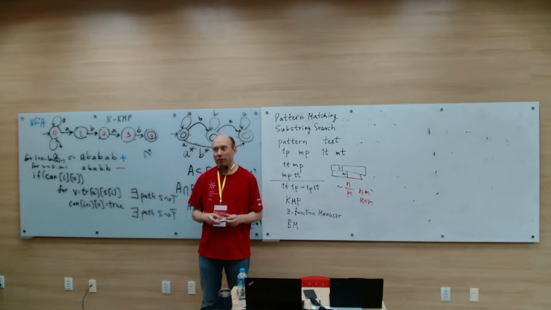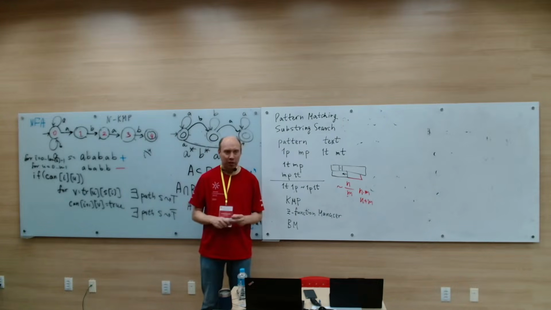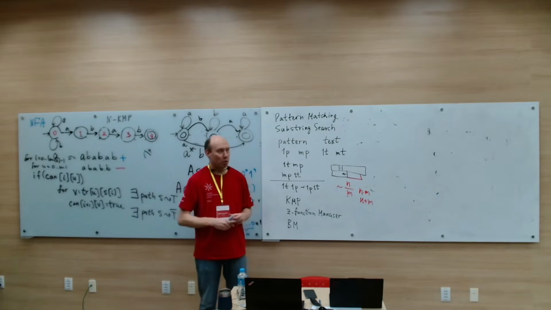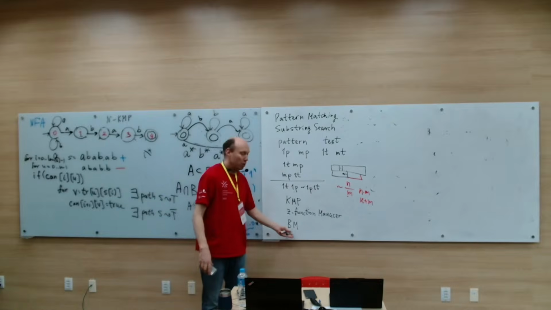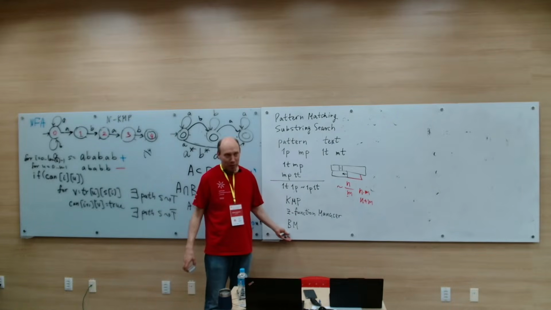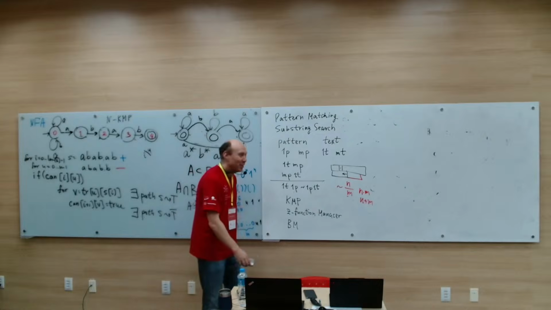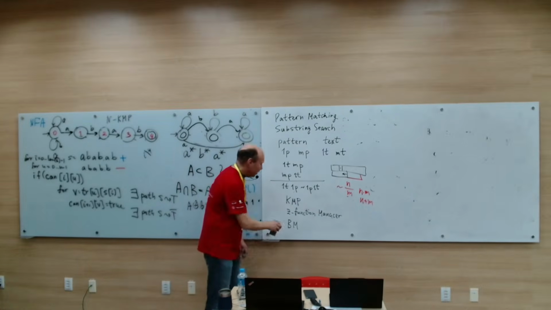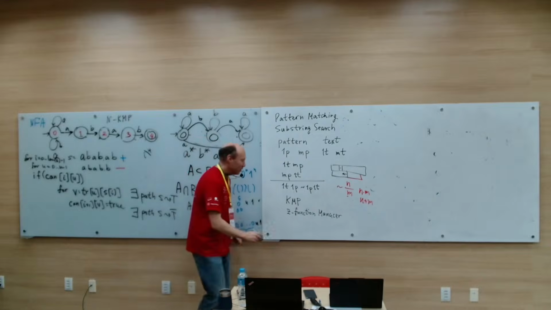So-called forgotten algorithm. It was very popular in the previous century, and now it is almost forgotten. Does anybody of you know the Boyer-Moore algorithm? Heard about that from the teacher? No, forgotten now. So if you want to revive it, you can look for it.